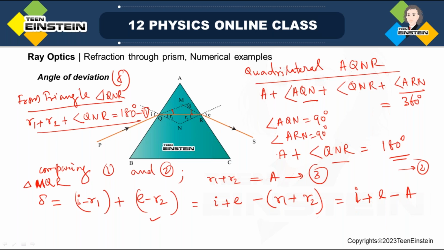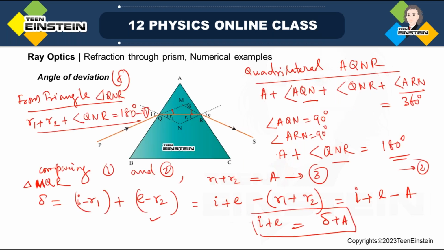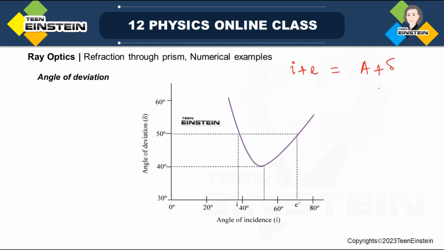Okay. Now we have got this formula, I can write this as I plus E is equal to delta plus A. Okay, so look from here, I plus E, this means angle of incidence plus angle of emergence, that is equal to angle of prism plus delta, angle of deviation plus angle of prism.